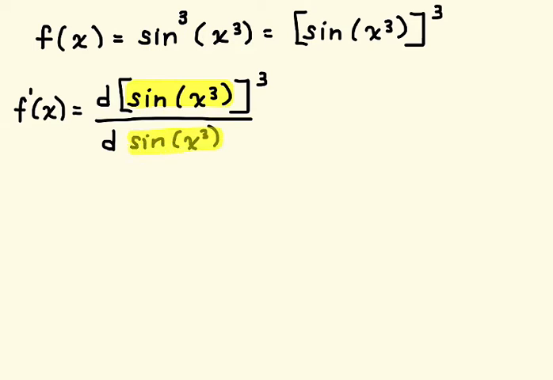When you think about that, the input is sort of frozen, and you're going to use the power rule, freezing that. And then this is going to be times the derivative of the input, which was what we see down here. So we take the derivative of the sine of x cubed. In this case, the outer function is the sine function, and we want to take the derivative with respect to its input, which is x cubed.